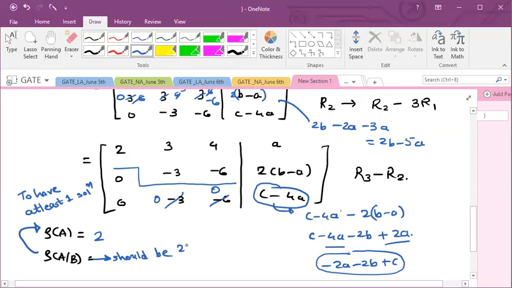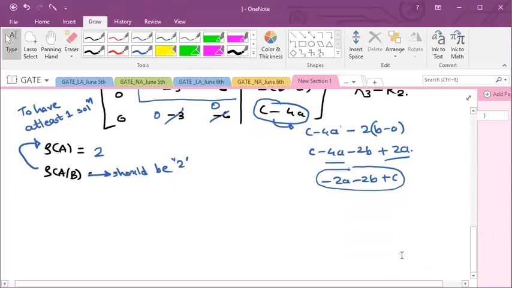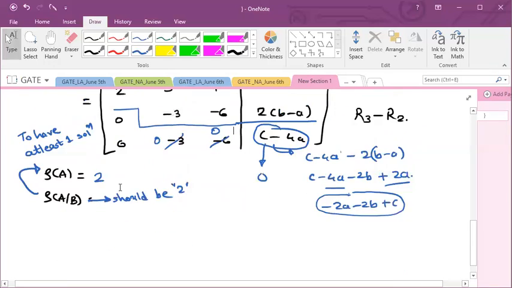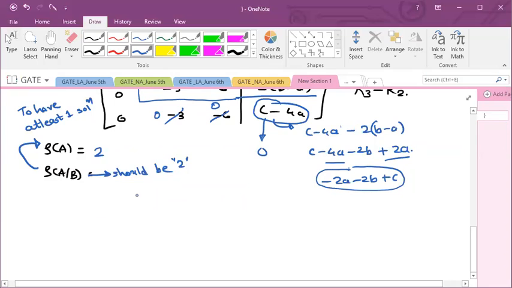And if it should be 2, that means this last term should be 0, isn't it? Because if it will be 0, then and only then its rank will become 2. And this term should not be equal to 0, that is B is not equal to A. So here minus 2A minus 2B plus C equal to 0. So implies C should be equal to 2 times A plus B. Right. So this is our answer.